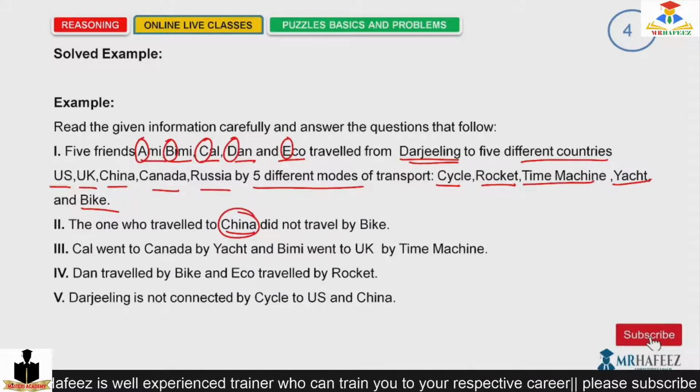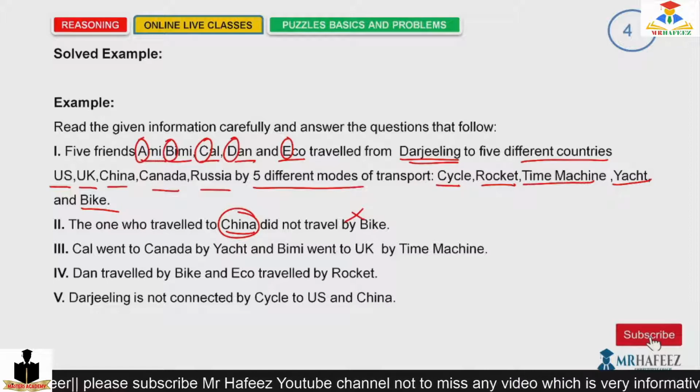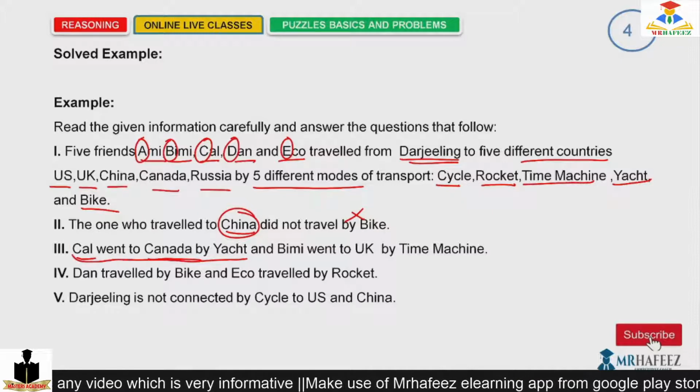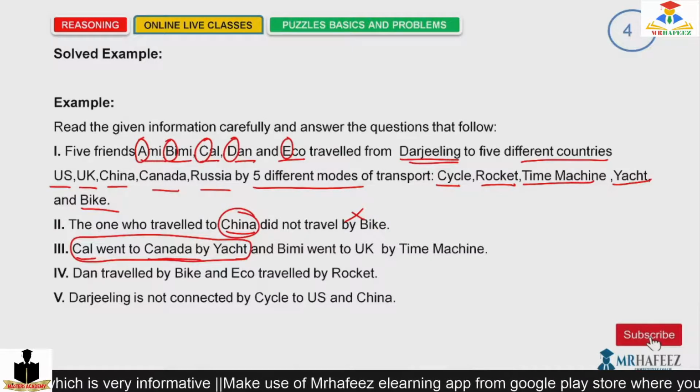The one who traveled to China did not travel by bike. So not a bike, but he can be through bicycle, rocket, time machine, yacht, whatever it may be. Then Carl is the guy who went to Canada by cycle. So this is very, very clear. So this is the known fact.